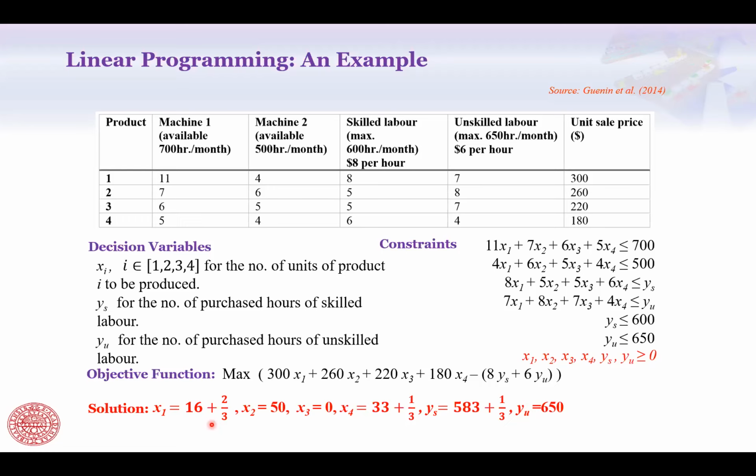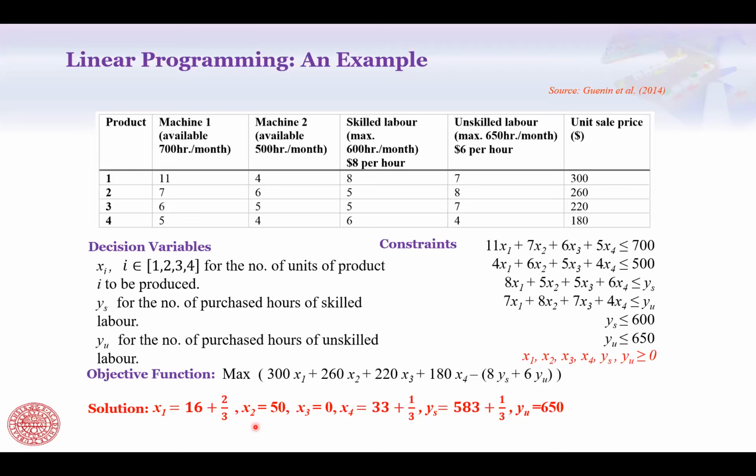Now, you get the solutions, but the solution cannot be applied directly, so you need to round up or round down. What happens if you round up or round down? What can be the consequence? You can imagine that if you round down, you earn a bit less, so your profit will be affected.